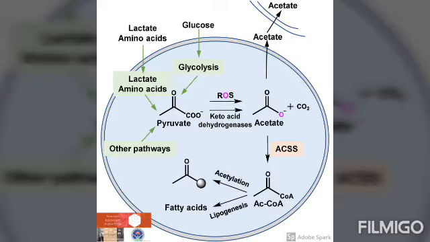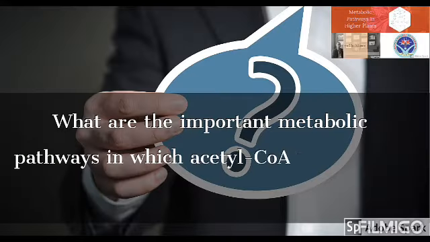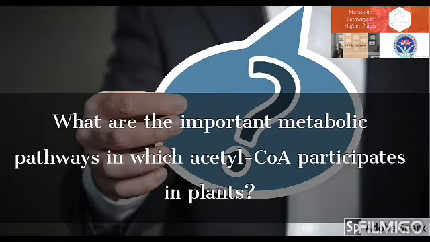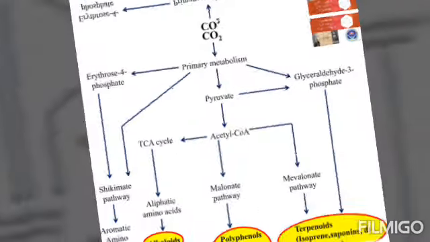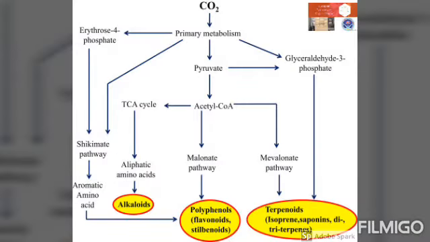Now, moving towards our next curiosity: what are the important metabolic pathways in which acetyl coenzyme A participates? In fact, acetyl coenzyme A is considered a very important molecule and a building block for the synthesis of various secondary metabolites through various metabolic pathways in plants.